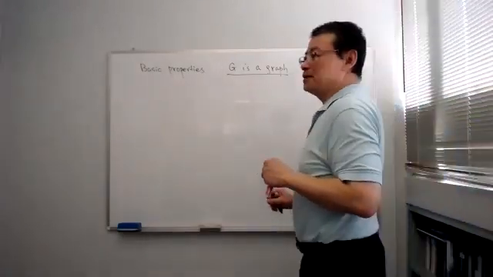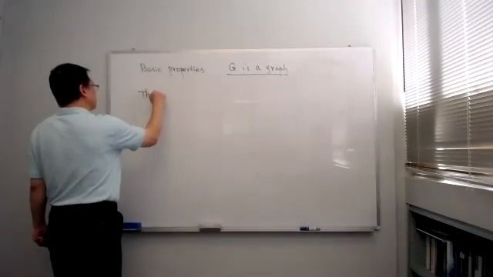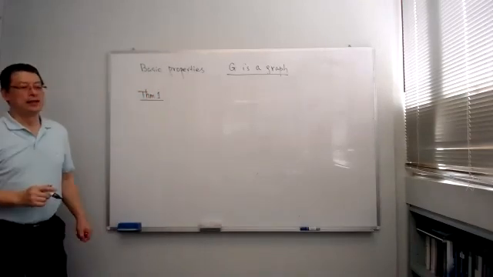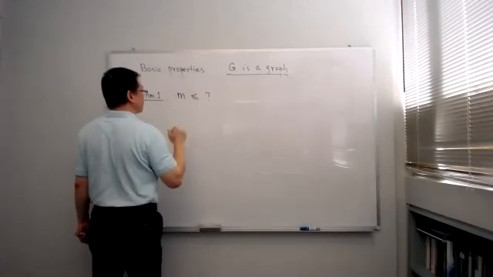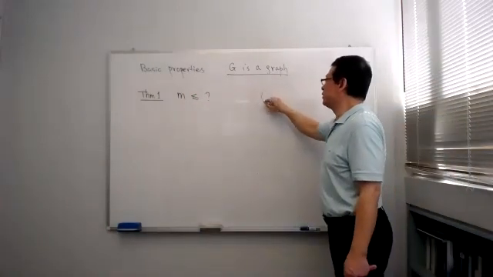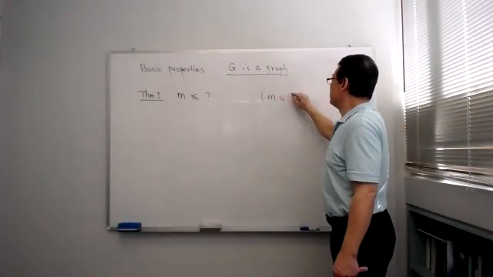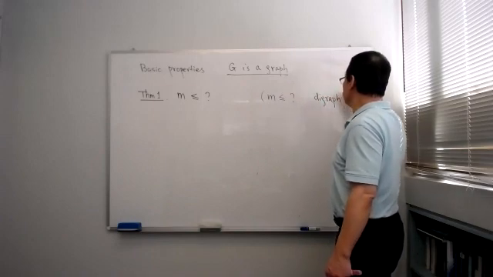First is the maximum number of edges. How many edges can we have in a graph? In this case, we can also consider the maximum number of edges in a digraph.